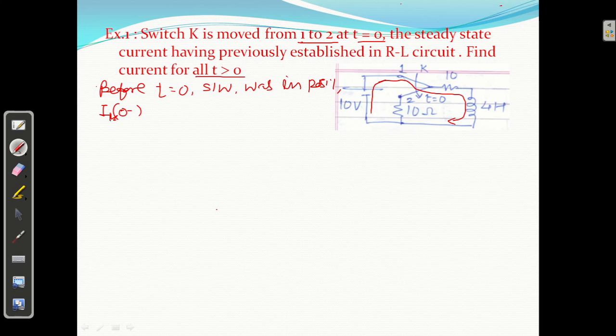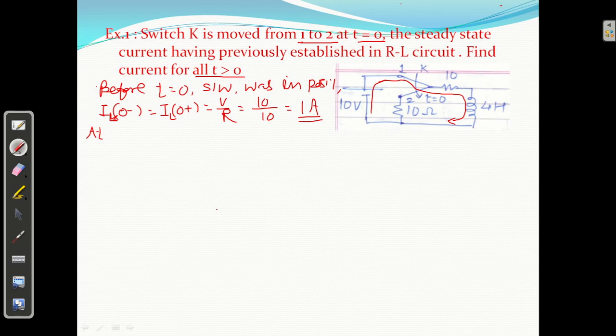We know in case of an inductor, IL(0-) and IL(0+) are the same. Why? Because an inductor opposes the change of current. How much? 10 upon R, that is 10 upon 10, equal to 1 ampere, that is the current stored by the inductor.